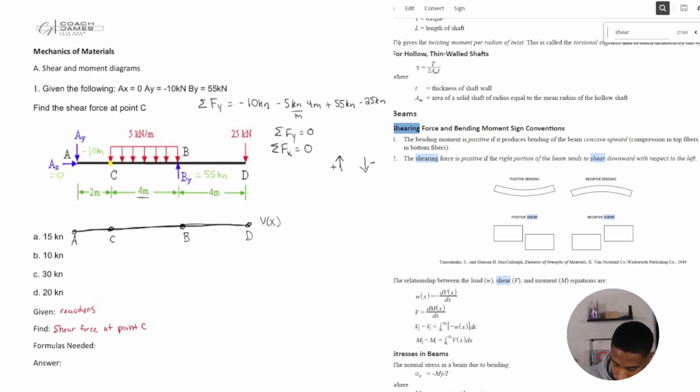Right. Okay, so what's the force at A? Okay, so we got the force at A. It is coming down at -10 kilonewtons.